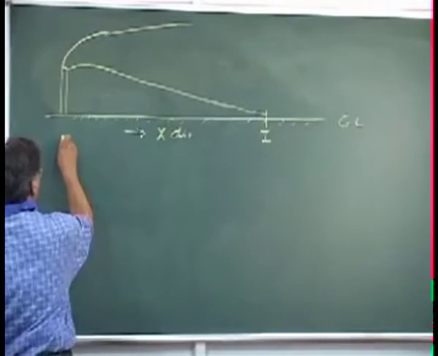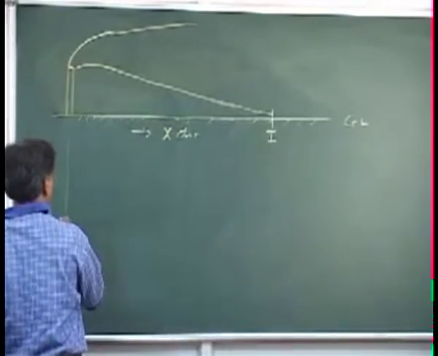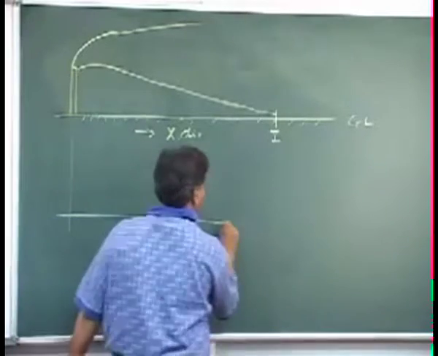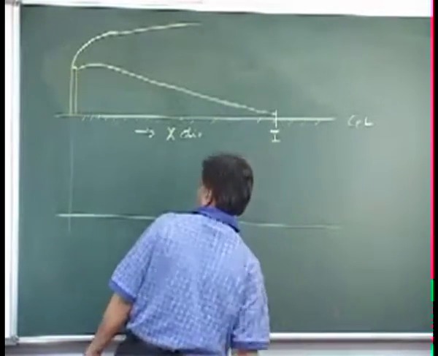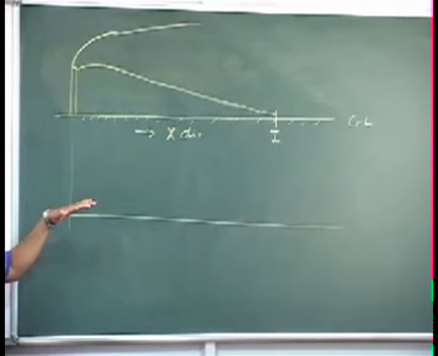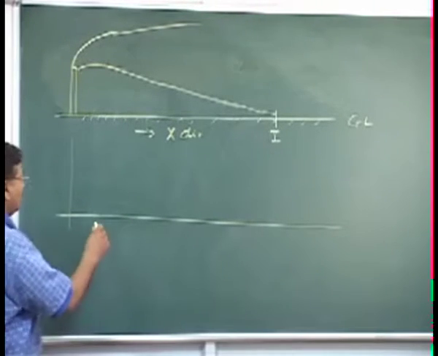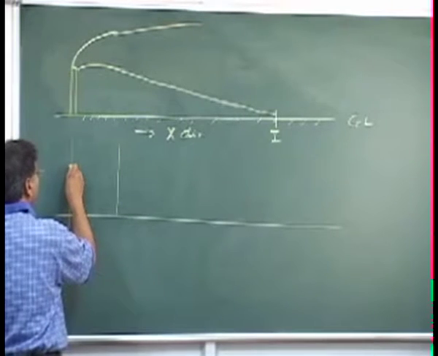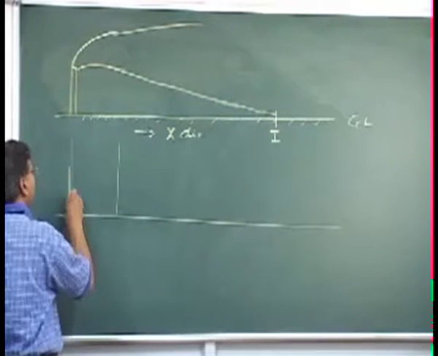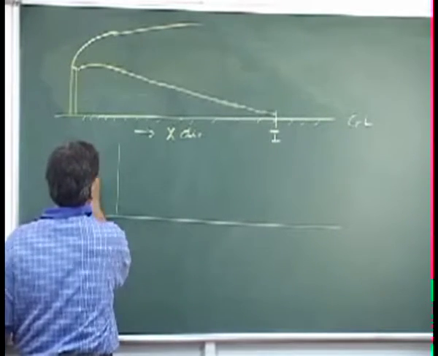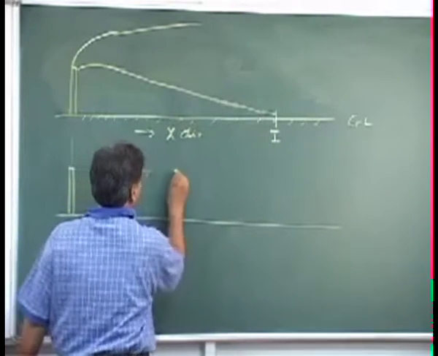Suppose I am plotting the concentration at various values of x, and my stack height is somewhere here. So, I am just taking that as a center line.